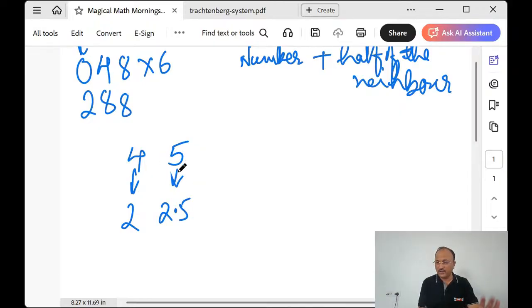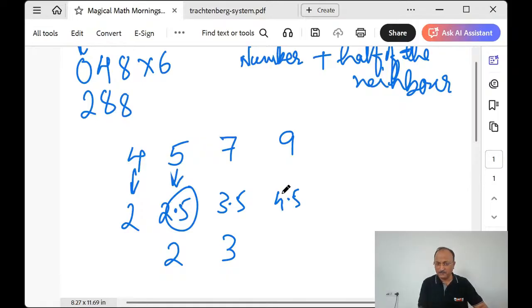No, it's 2.5. But we will neglect the half. Only the whole number we'll consider, we'll take only 2. For example, half of 7 is 3.5. But for our calculations, we are going to take only 3. Half of 9 is 4.5. But we'll consider only 4. Half of 1 is 0.5. So we'll consider only 0.